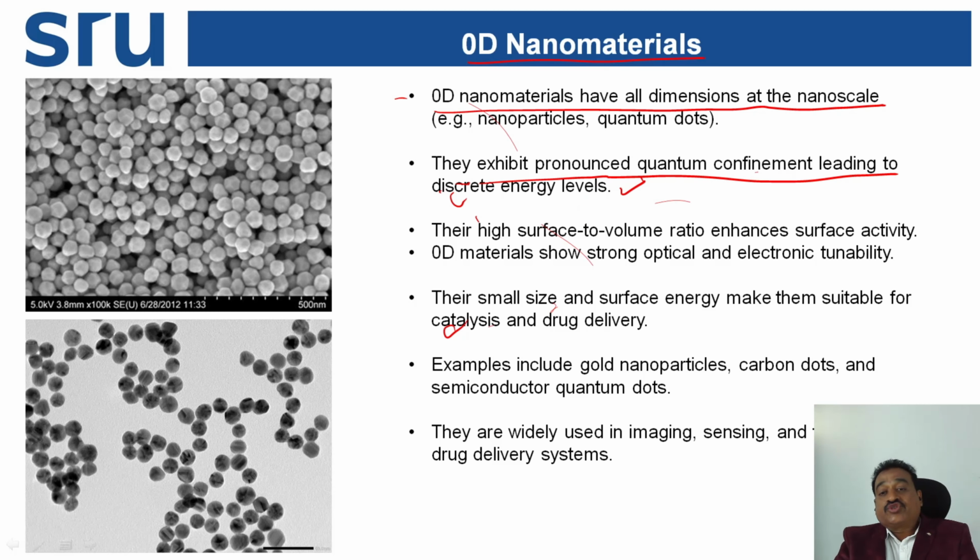Their high surface to volume ratio enhances surface activity. Zero dimensional materials show strong optical and electronic tunability. Their small size and surface energy make them suitable for catalysis and drug delivery. Examples include gold nanoparticles, carbon dots, and semiconductor quantum dots.